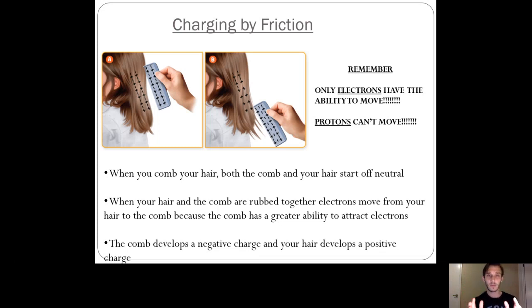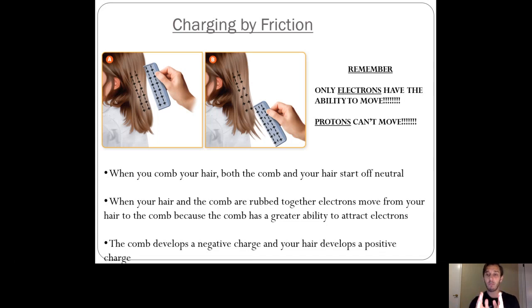Now, what can happen here is when we rub the hair with the comb, this plastic comb rubs against the hair, okay? Your hair will lose electrons and the comb will gain electrons because the comb has a greater ability to attract electrons.